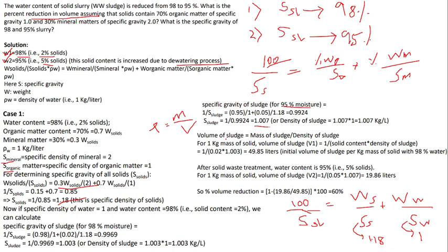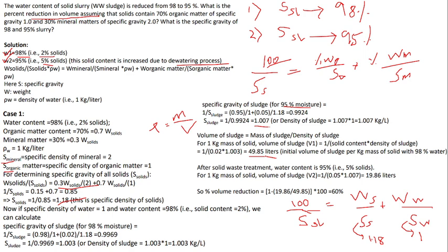So for 1 kg mass of solid, the volume can be obtained by 1 divided by the solid content into density of the sludge. The solid content is 0.02 and the density is 1.003 for the first case. Now we will easily obtain the volume, which is 29.85 liters.